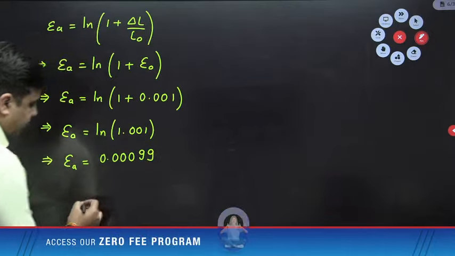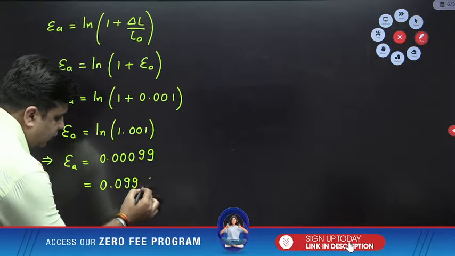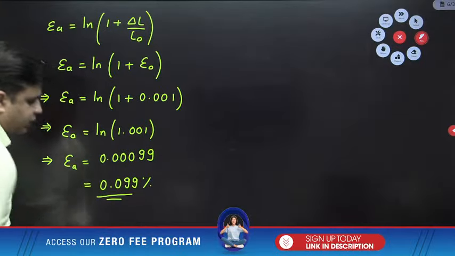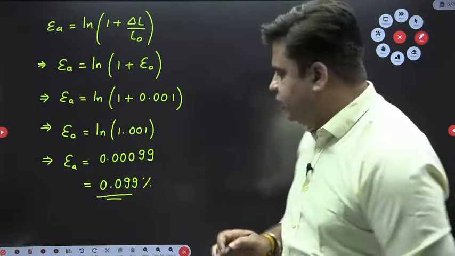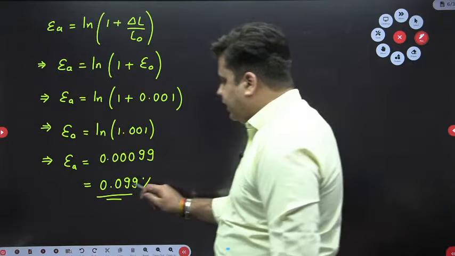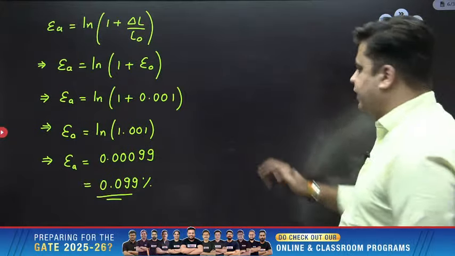Right. So this is nothing but 0.099%. This is the value of your actual strain. I am telling you, directly use the formula. Very good, Piyush. 0.00099, and in percentage it will be 0.099%. Okay. So this is how you need to approach this.